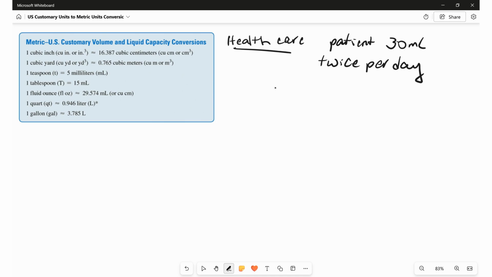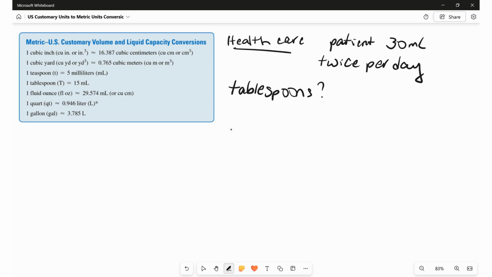This is what the patient gets while they're in the hospital. And the doctor says that they want this patient to continue this dosage at home. So, how many tablespoons are we going to tell the patient to take?